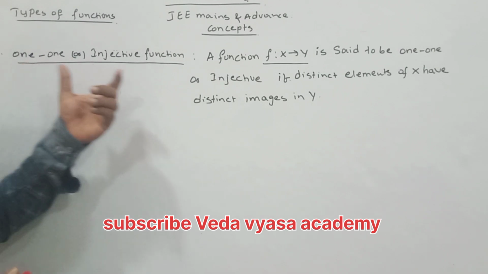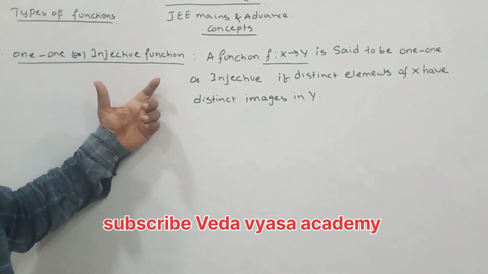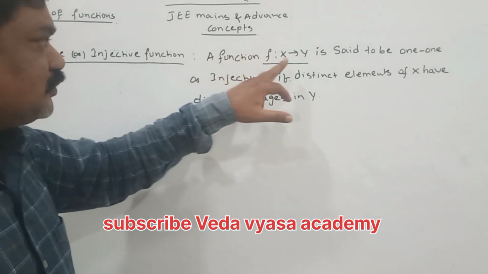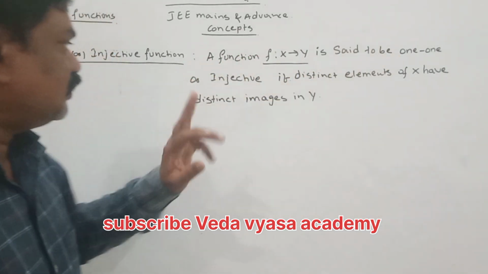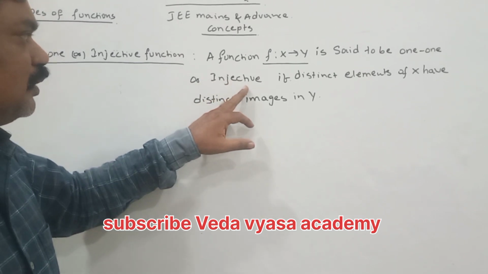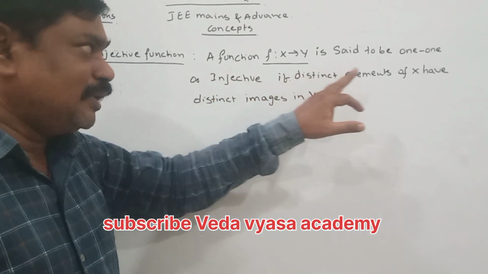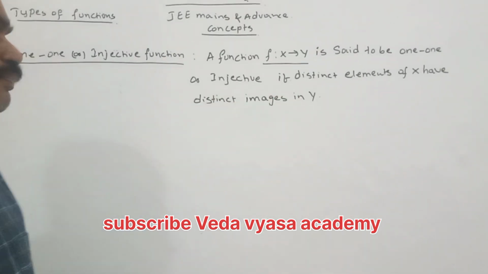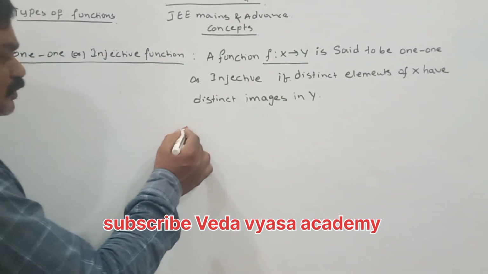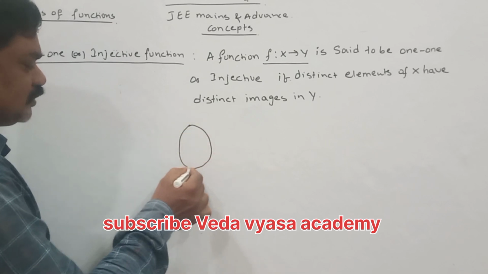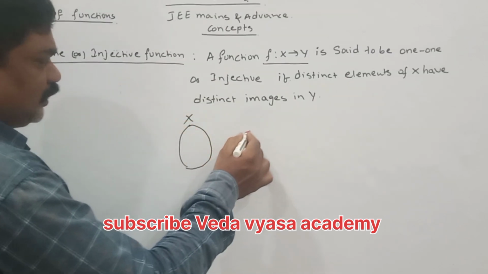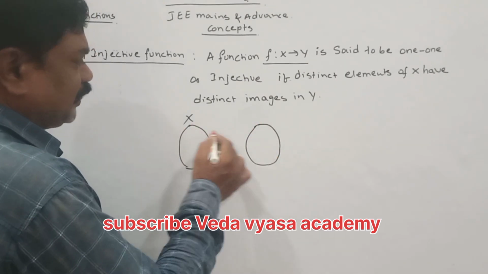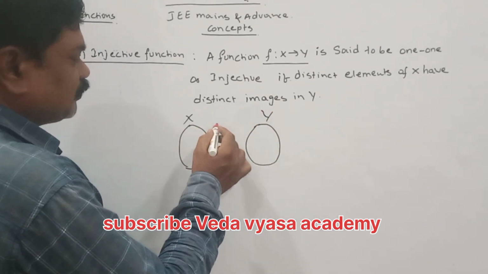One-one or injective function. Types of functions is very important. A function from x to y is said to be one-one or injective if distinct elements of x have distinct images in y. Suppose you take this function f from set x to set y.